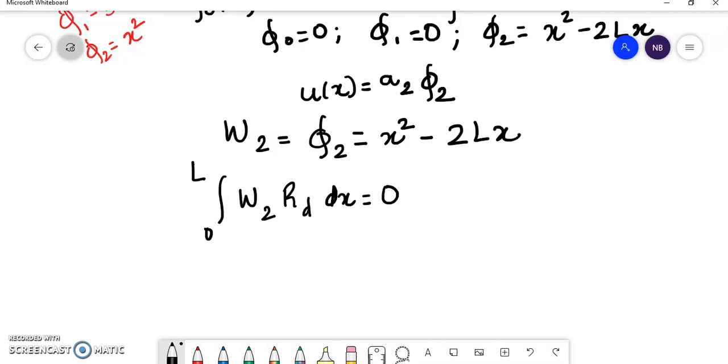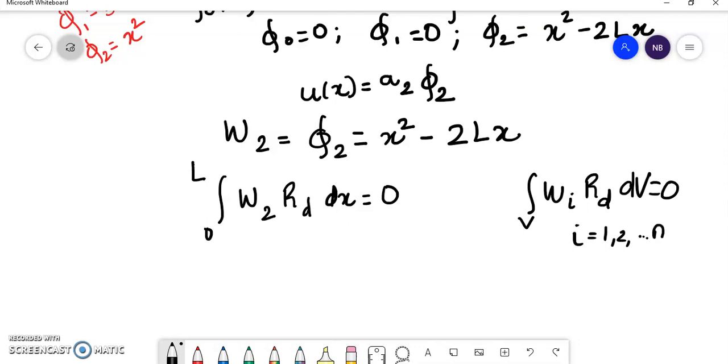If you remember the derivation that was sent to you, it was the integral over v of w i r d dv equals 0 for i equals 1, 2 up to n, where wi was a weight function. So this is the same thing that we are applying here. Now since this is a bar element, this is going to be dx and not dv.